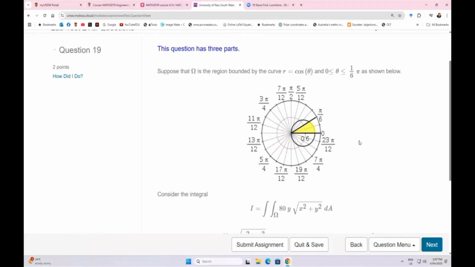R is from 0 to cos theta, and then theta is from 0 to 1/6 pi. Not quite, just say it again. So let's do the R one first. R is between 0 and cos theta. Correct. And theta is from 0 to pi/6. Yes, exactly. Excellent.